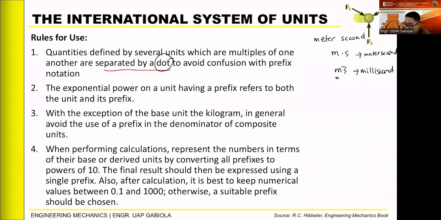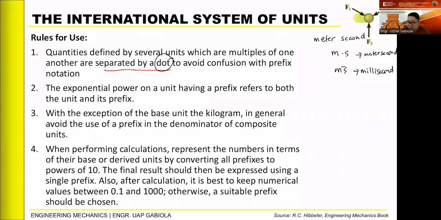Okay? Minsan, ang ginagamit, dash, no? Halimbawa, foot-second. Pero kung wala, baka ma-misinterpret natin as prefix para dun sa base unit natin. Next, the exponential power on a unit having a prefix refers to both the unit and its prefix, no?